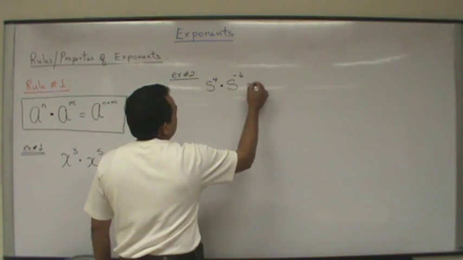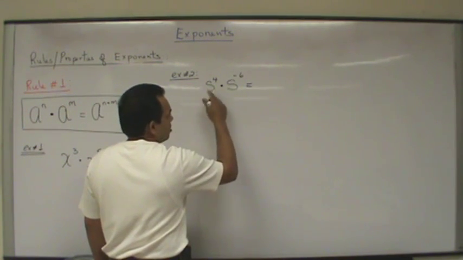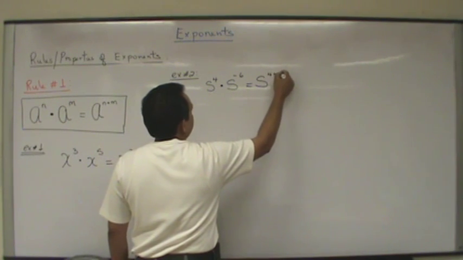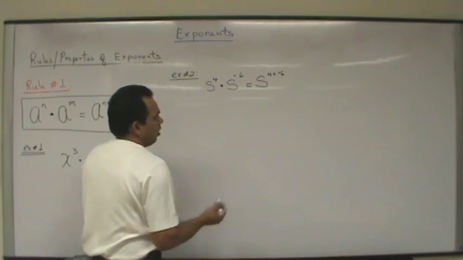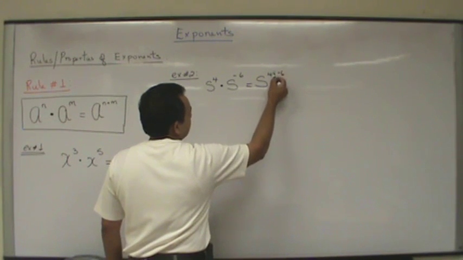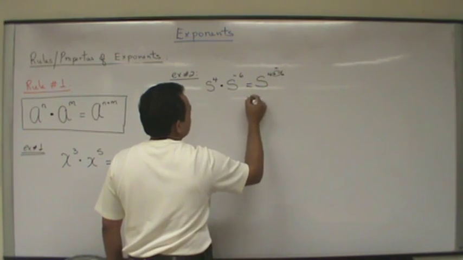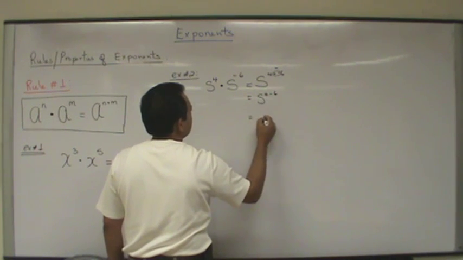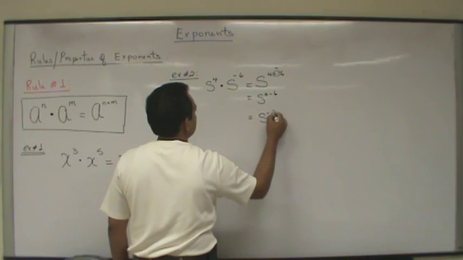Okay? The bases are the same here, so we'll keep the base. And what is 4 plus a negative 6? Well, the plus and minus here becomes minus. So that's the same as s to the 4th minus 6, which is s to the negative 2 power.